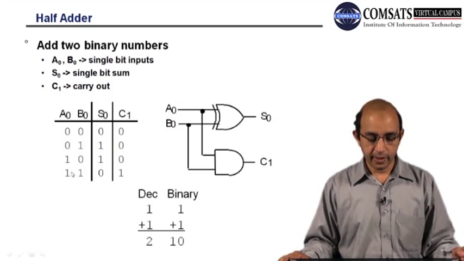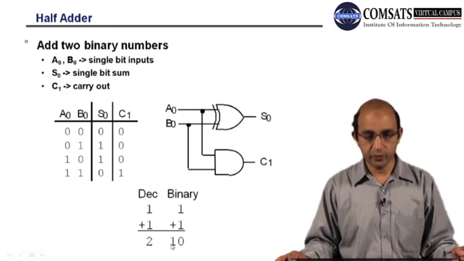And here we have a very different situation, 11, where we have sum 0 and carry 1. If we talk about binary and decimal addition, here we normally have 2 in decimal, or here we have 10.